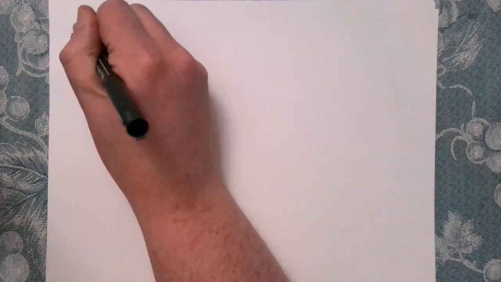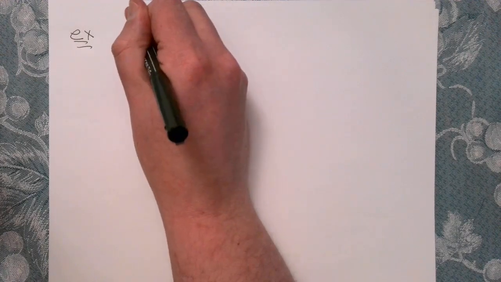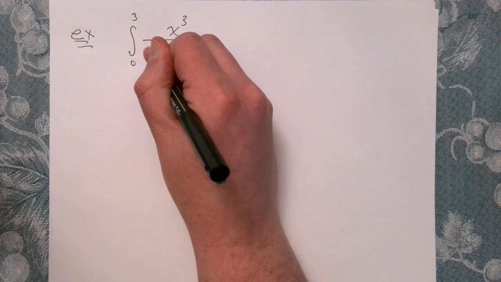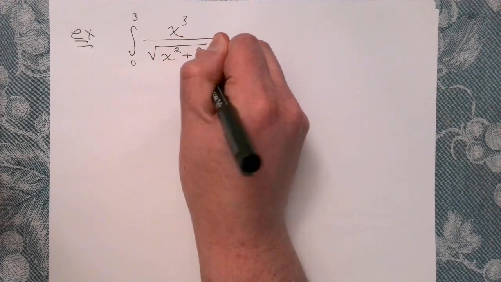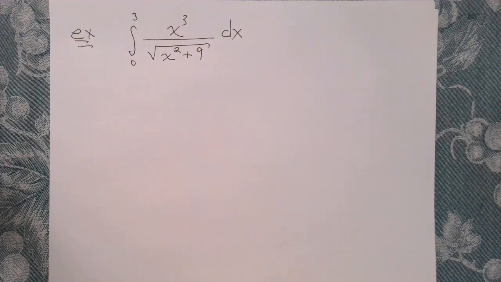Okay, so let's try this definite integral. So we've got the integral from 0 to 3 of x cubed over the square root of x squared plus 9 dx.